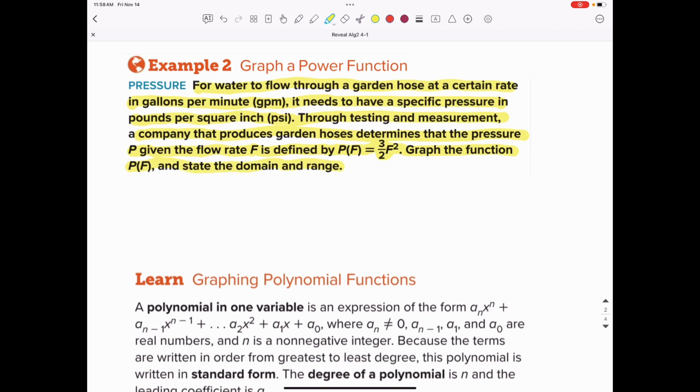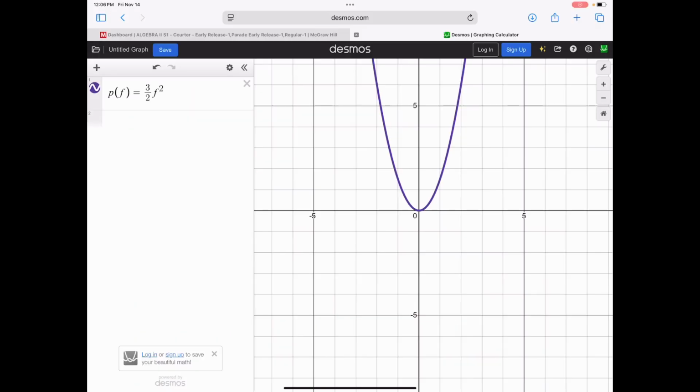We can actually graph this function without using Desmos because it is a quadratic equation, but I am going to go ahead and put this on a graphing calculator so you can see a very accurate representation of it. So there's that function, and just as we expected, it is a parabola, and this parabola has a vertex right there at 0, 0.